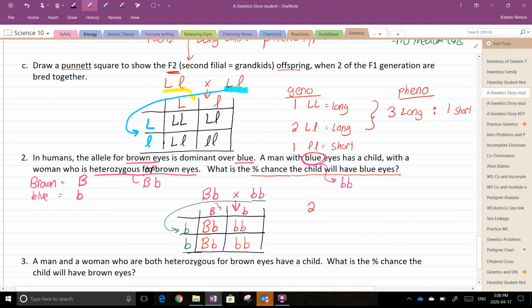So we have two big B, little b, which will be brown. And we have two little b, little b, which will be blue. Now this question wanted the percent chance, so basically on these we had 2 out of 4, which is a 50% chance of having an offspring with blue eyes.